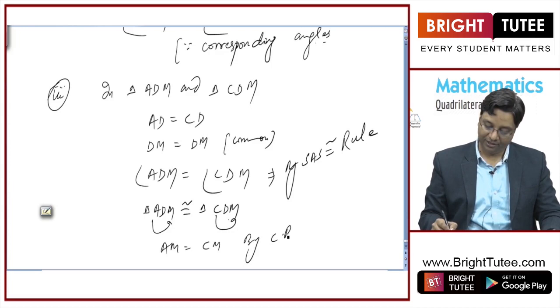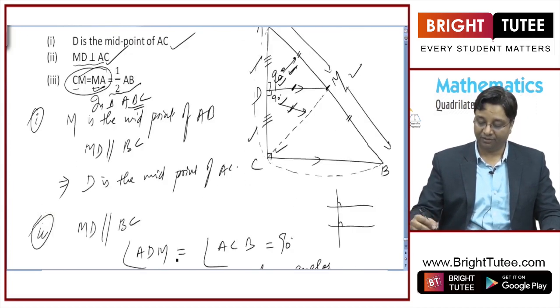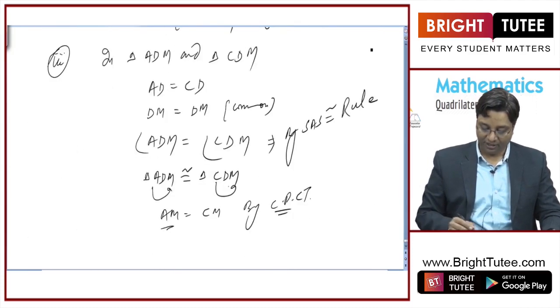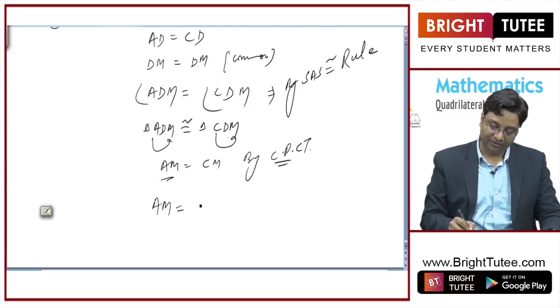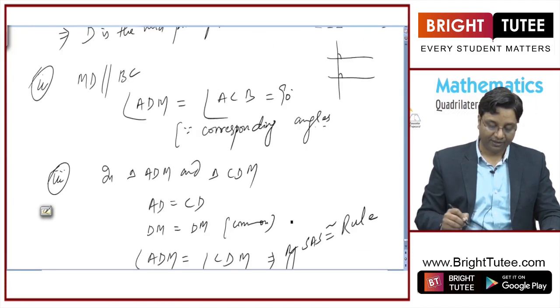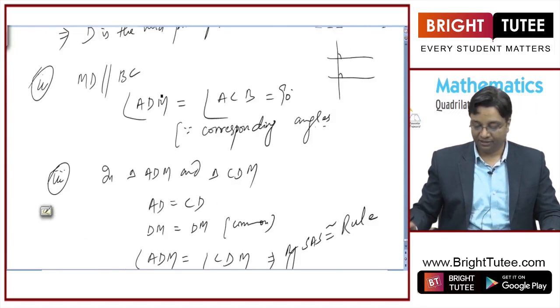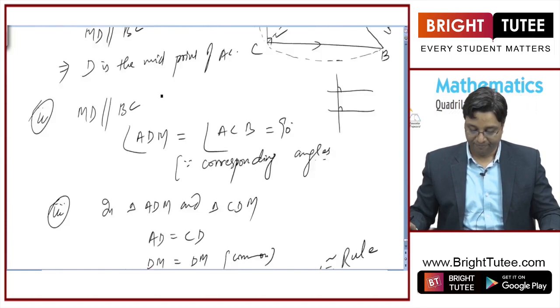Now, what is AM? AM is just half of AB because M is the midpoint. So AM is equal to CM, which is equal to half of AB. Hence, it is proved.